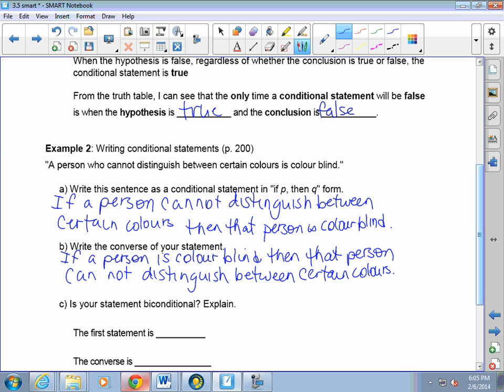It's asking, is your statement biconditional? Explain. So biconditional means it's a conditional statement whose converse is also true.